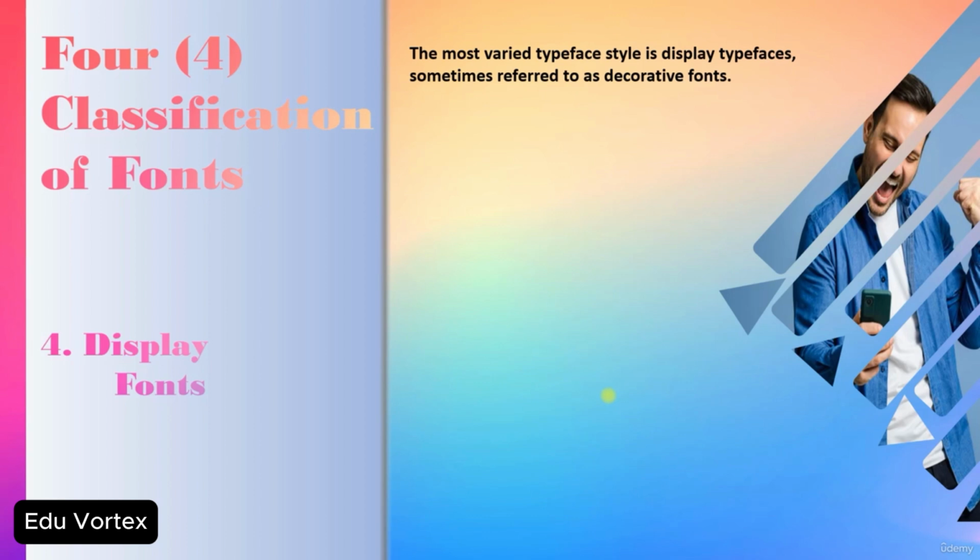That's why earlier I said some people might tell you it's 5, 6, 7 because some do separate the decorative fonts from the display fonts. But for this course, let's base it on only 4, which is the serif, the sans serif, the script, and the display fonts.